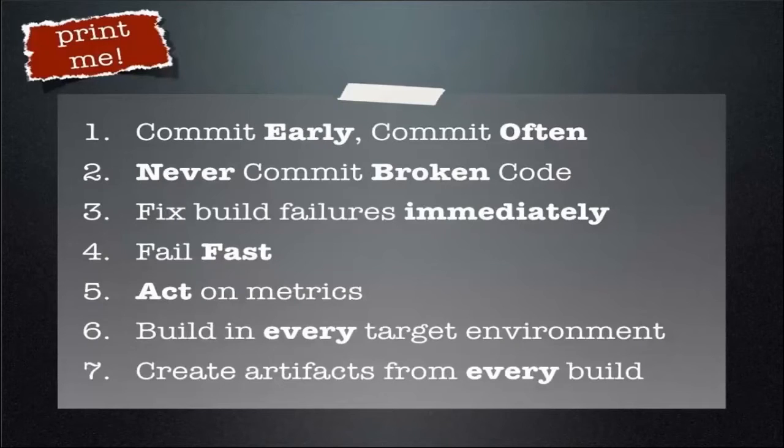And again, we will reiterate: commit early, commit often. Never commit broken code. This is the major responsibility of those working in this environment, especially on the developer side, right? Fix build failures immediately. The moment he checks in the code, it starts and is tested. The more it fails, the more we can be sure there is an issue, so fix it.